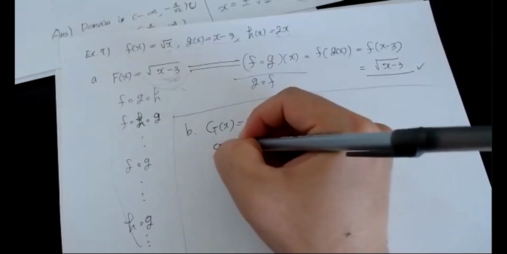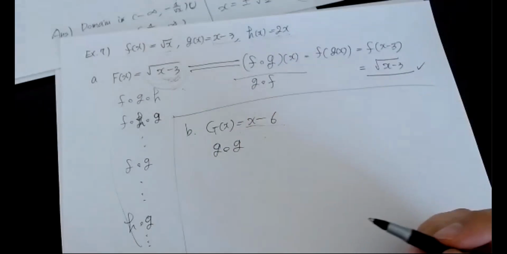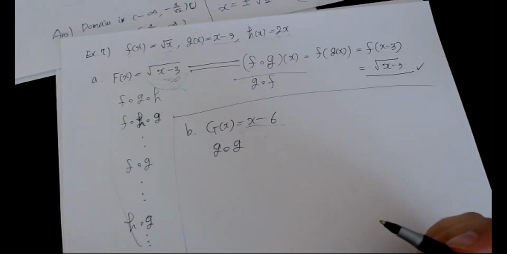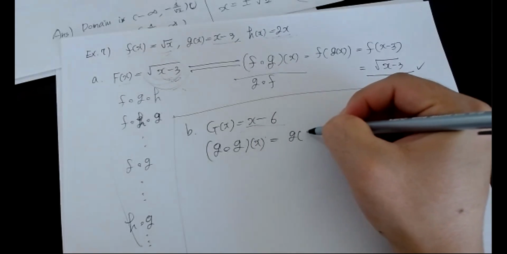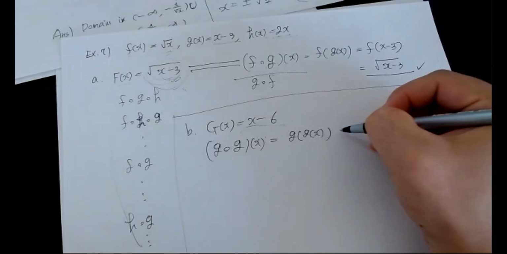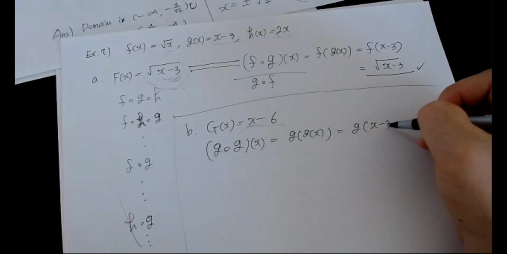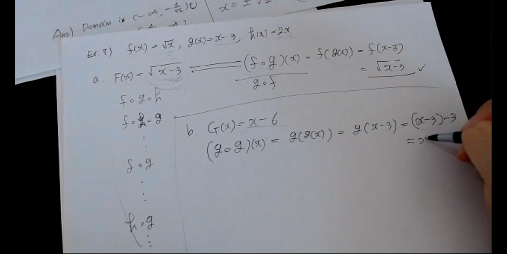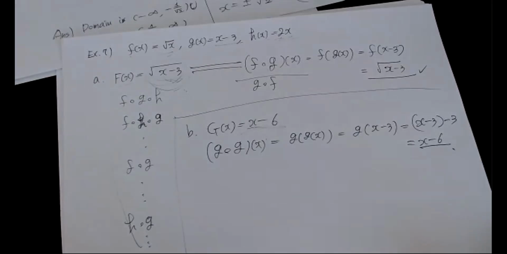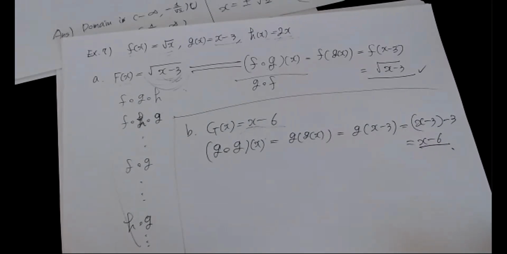We do g after g. It's kind of tricky. With g composition g, we get g of x minus 3, which is x minus 3 minus 3, which is x minus 6.